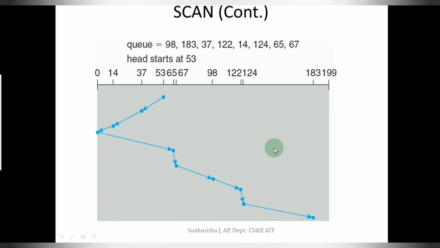It could have happened like this as well: from 53 it could have moved forward, and then from 99 it could have moved backward. So we need to know the current direction of the head movement in the case of scan.